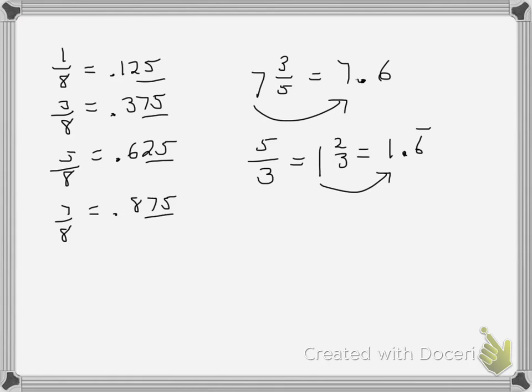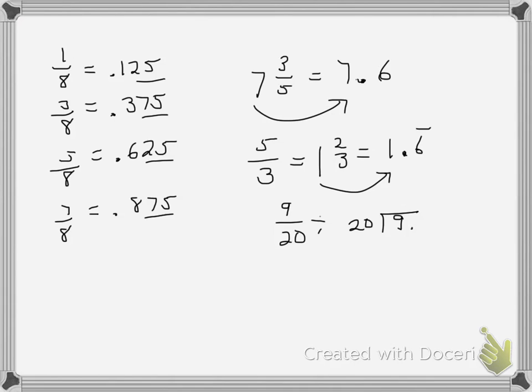What if it's something you haven't memorized, like 9/20, for instance? I haven't memorized that. Well, again, we could do this with ratios. Later on, you might find that even easier, but right now, all you do is read this like a division problem. It says 9 divided by 20.